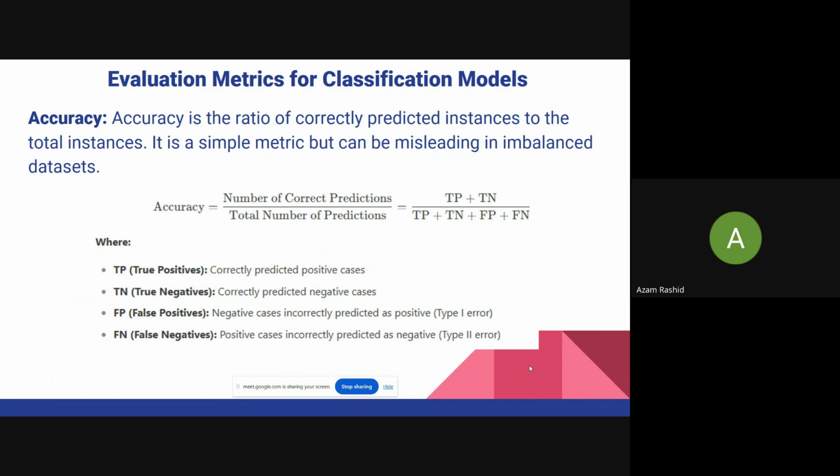And similarly, false negative: the values are positive cases, but we incorrectly predicted them as negative values. It means that if somebody has cancer, but we predicted that the person does not have cancer. This is basically the more dangerous case in the medical field, because a false negative is very dangerous.